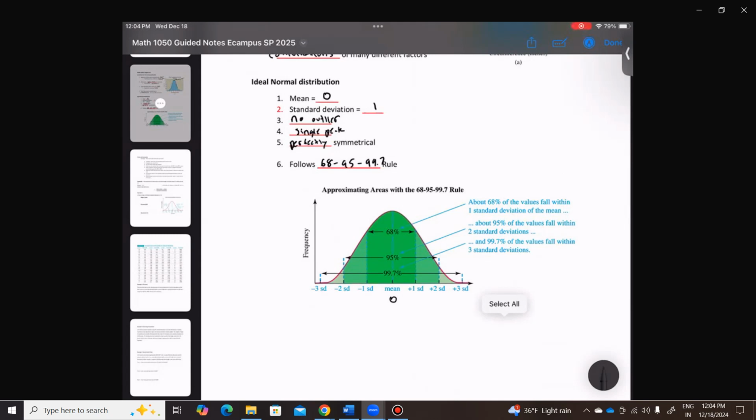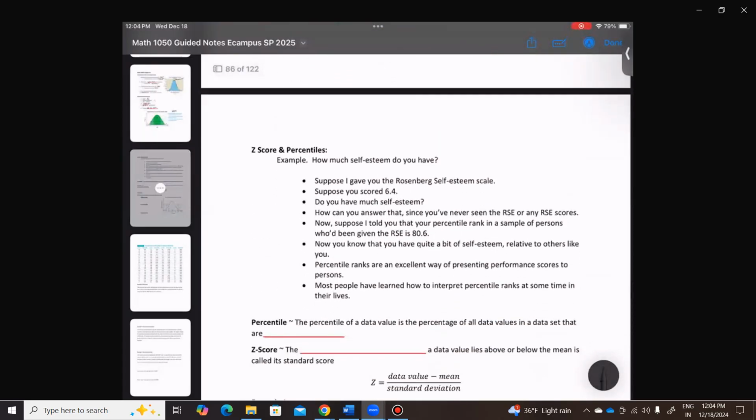From -2 standard deviations to +2 standard deviations should be about 95% of the data. And then from -3 to 3, 99.7% of the data. Again, this is ideal. And we may not be exactly at that, but we should be close to it. And this is what we expect, not what we always get. This is what we expect to say we have a normal distribution.